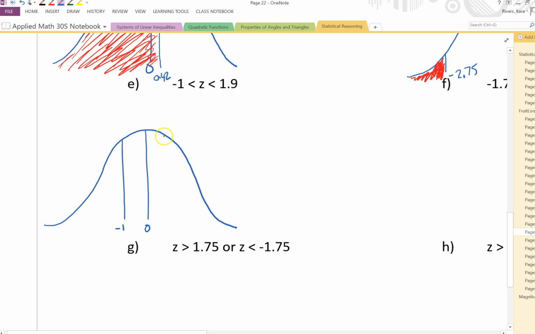So if this is 1 and this is 2, then 1.9 would be a little bit smaller than 2, right? We would be almost at 2. So the area that we're trying to find is right in here.